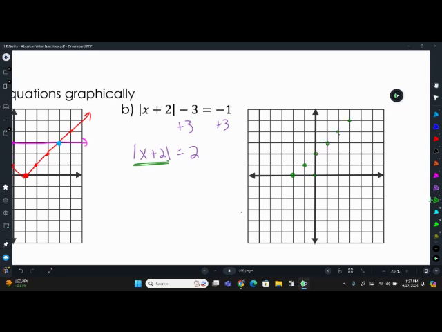This is our absolute value graph. And then the other side is y equals 2, so 1, 2. And we have two intersection points again. This one is at -4, 2 and 0, 2. So those would be our two solutions.